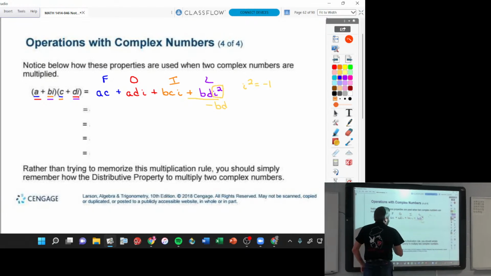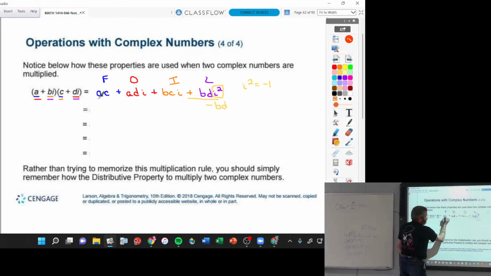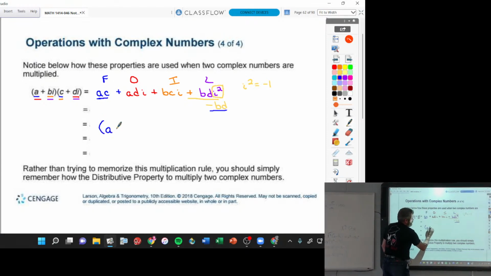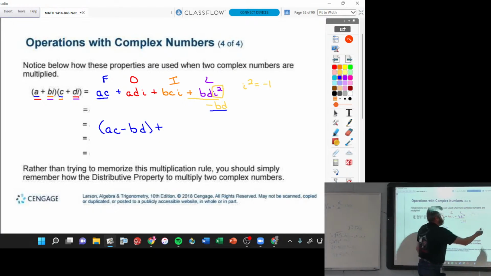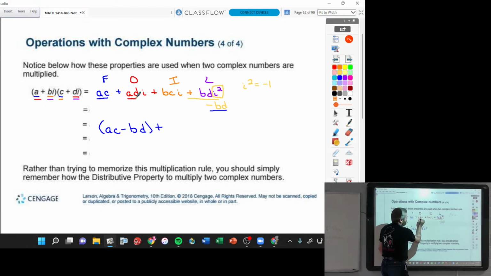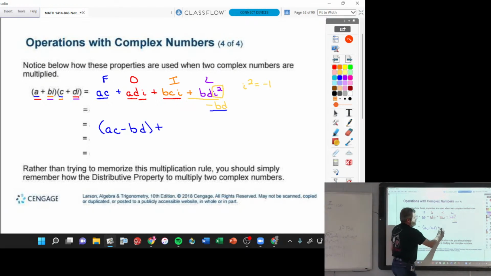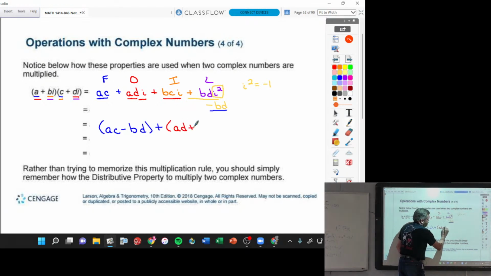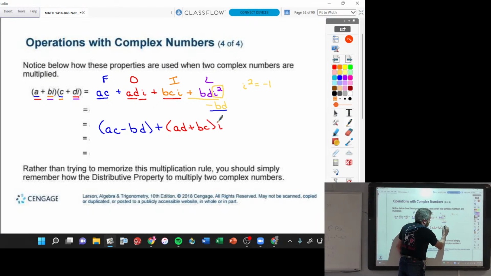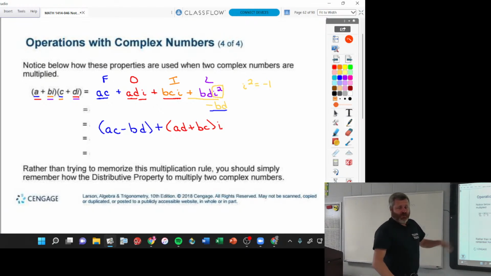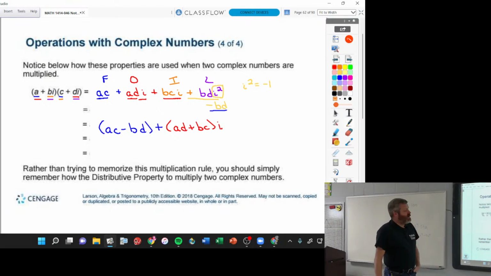So let's look at my real parts. My real parts are AC minus BD. Plus, my imaginary parts are AD plus BC, and there's the I. Now, if you want to memorize this, have at it.